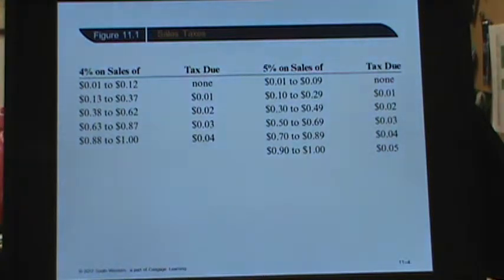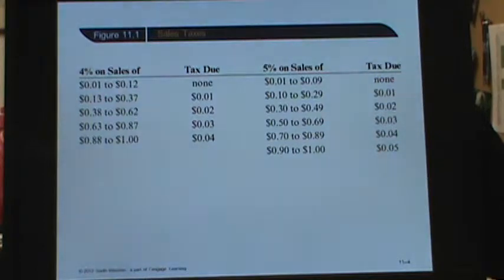Figure 11 is sales taxes. On a 4% sales tax, anything from 1 cent to 12 cents, there's not going to be any tax. It's usually a 4 or 5% sales tax. 0 to 12 cents on 4%, there's none. You don't have to pay any tax.